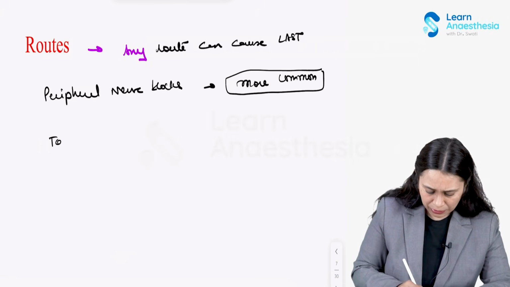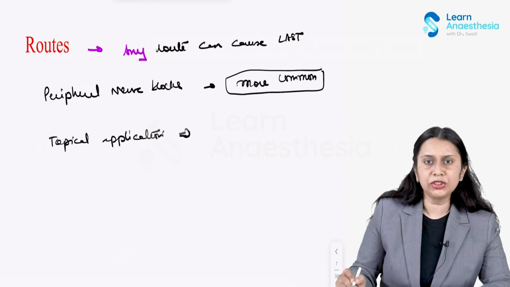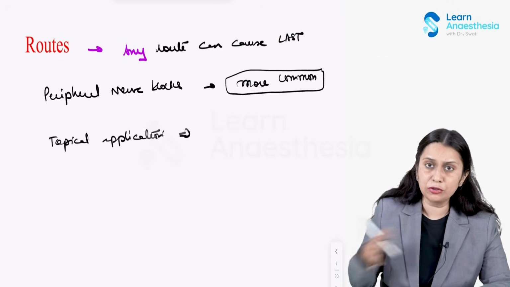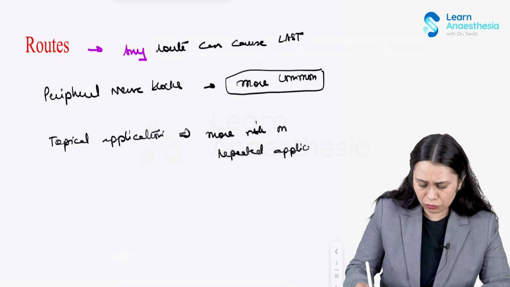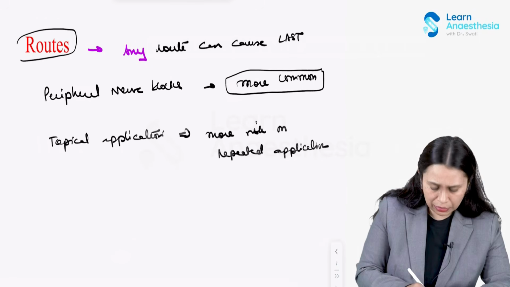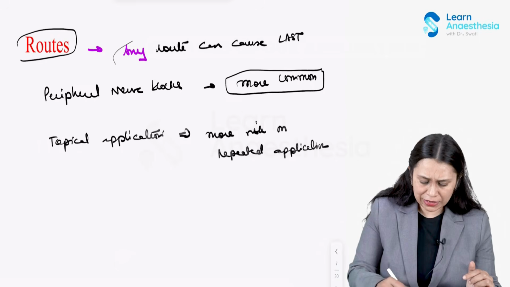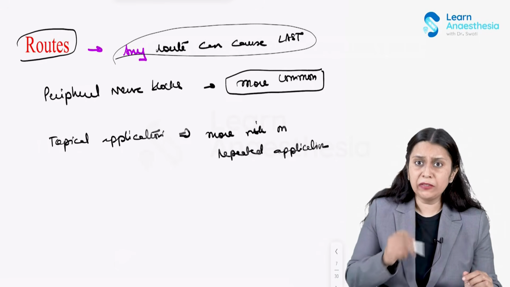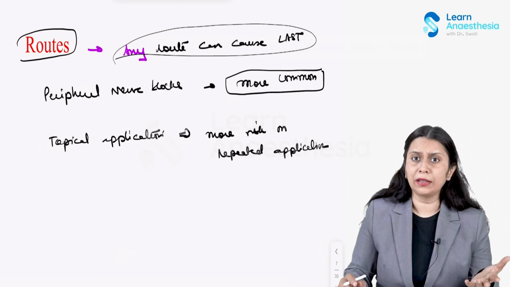But on topical application also, LAST can happen, more so on repeated application. So yes, I would compare the routes by which the risk of LAST is higher later on in this lecture. But I'm telling you it can happen by any route, even by topical application. Keep it in mind and be careful when you are using local anesthetic.